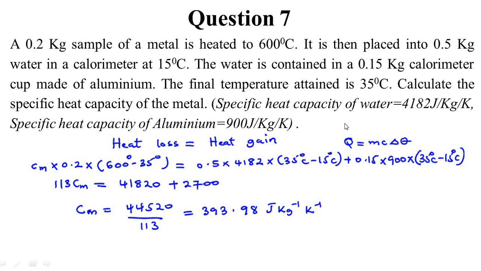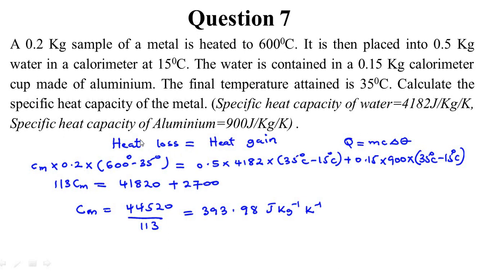And the overriding equation that we are going to use is Q, for quantity of heat, equals mc delta theta, where m is the mass of any of those members of the system, c is the specific heat capacity, and delta theta is the change in temperature.